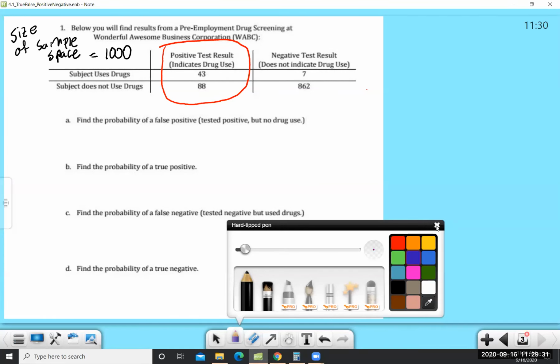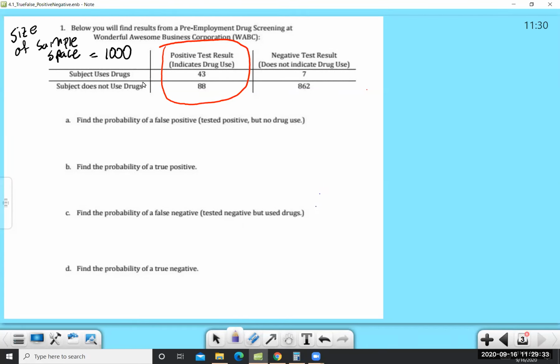And then since we want the probability of a false positive, we need to know what would make that false. Well, here are my people who do not use drugs and people who do use drugs, and they both got a positive test result. So which one of these is going to give a false result? Well, if I don't use drugs, but the test says there's drugs in my system, that would be these guys, and that would be false.